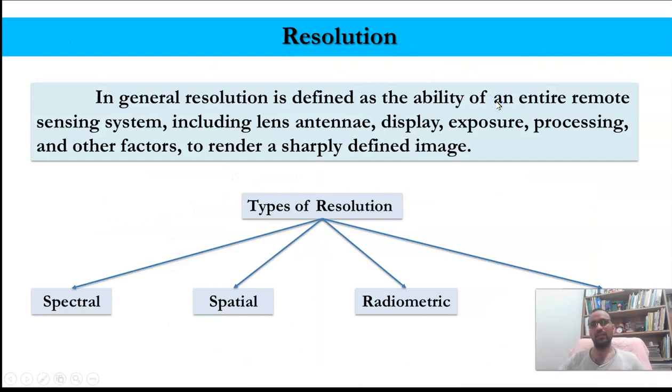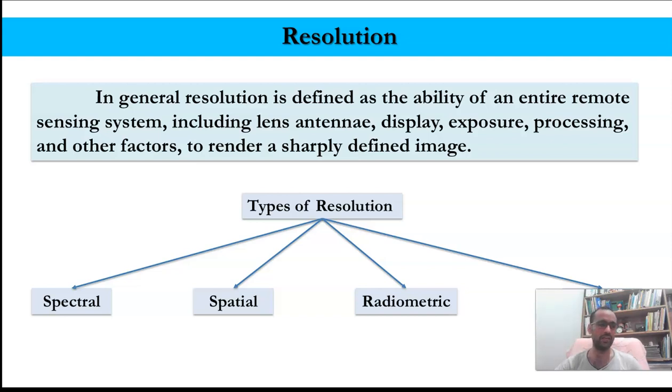Here we go. Resolution. Now we have data. You saw the satellite animations, how we are collecting the data. Now you have the data, but you have to understand the resolutions. You know how we remember resolution: when you go to the market to buy a mobile, by the camera you always see, oh, we need 18 megapixel, we need 20 megapixel.